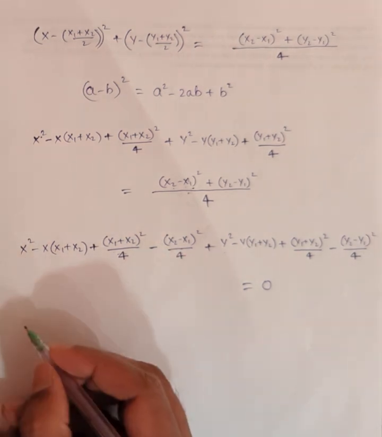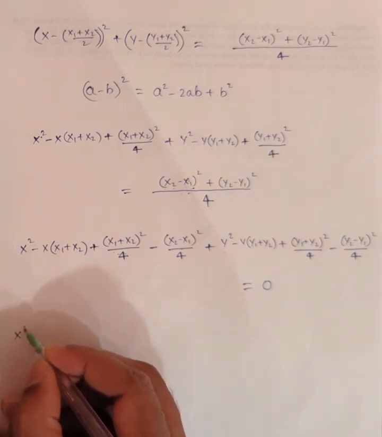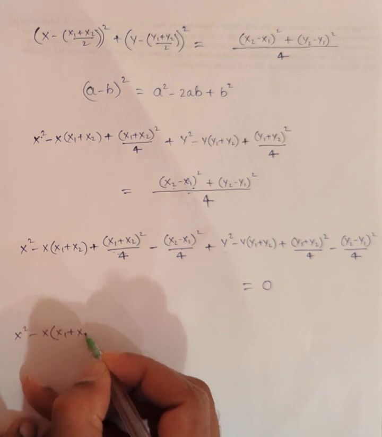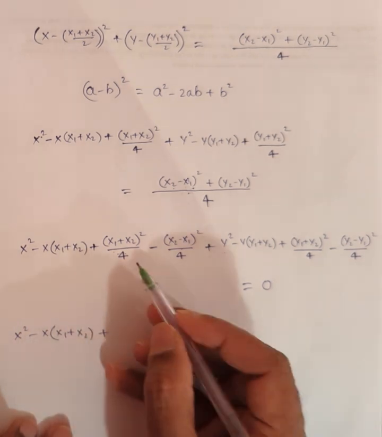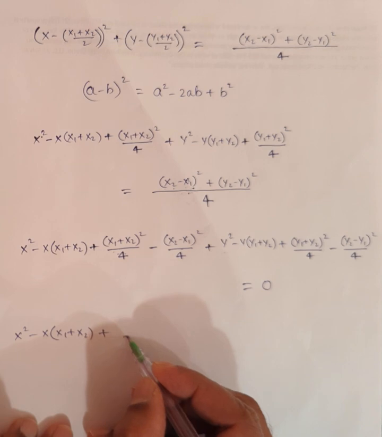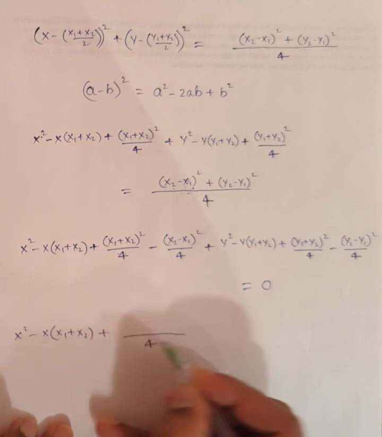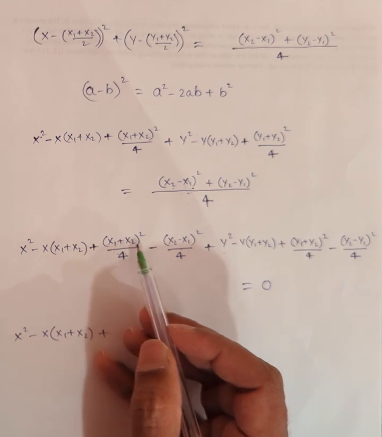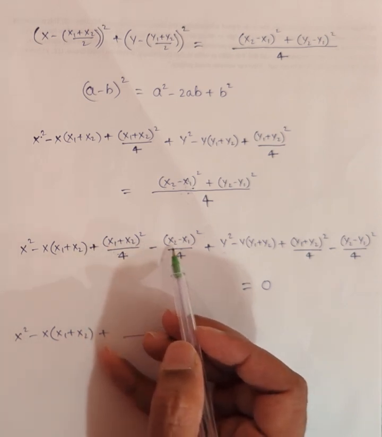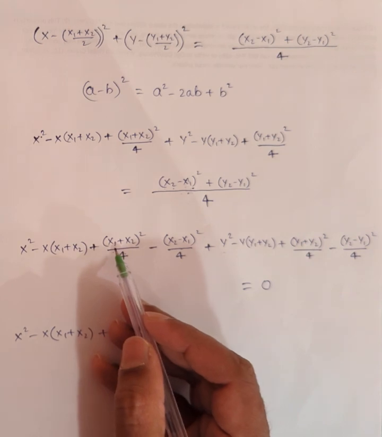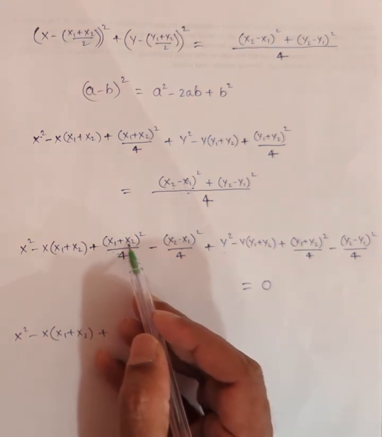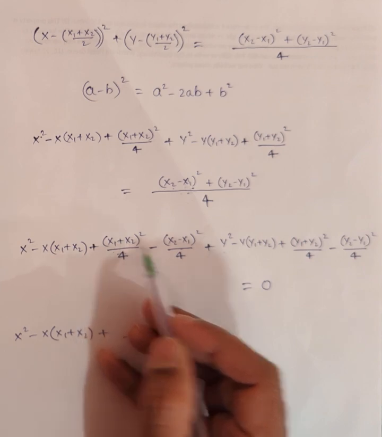Let me copy the first two terms here. It's x squared minus x times (x1 plus x2) plus, if I take the common denominator of 4, (x1 plus x2) squared minus (x2 minus x1) squared. Now when I square a binomial, I get x1 squared plus 2 x1 x2 plus x2 squared.